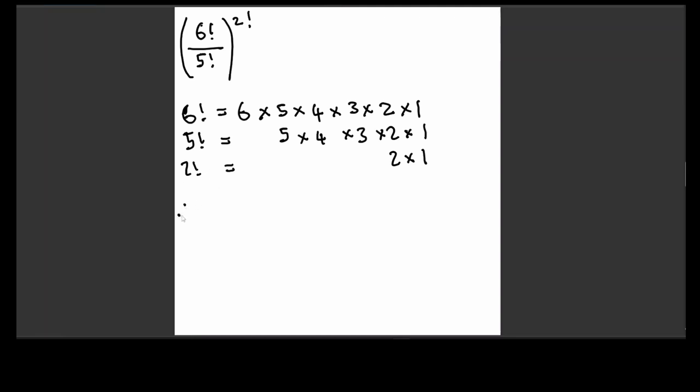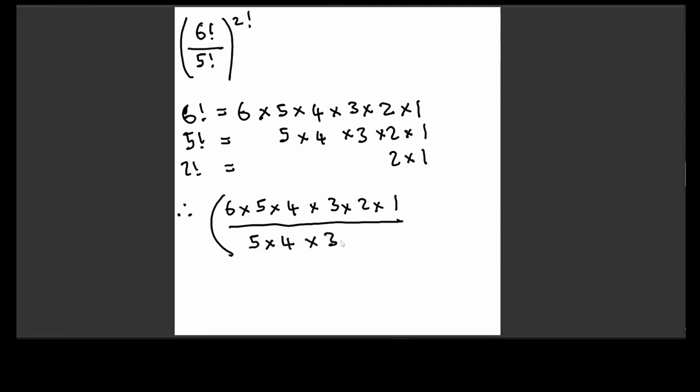Therefore, 6 factorial, which is 6 times 5 times 4 times 3 times 2 times 1, over 5 factorial, 5 times 4 times 3 times 2 times 1, to the power 2 times 1.